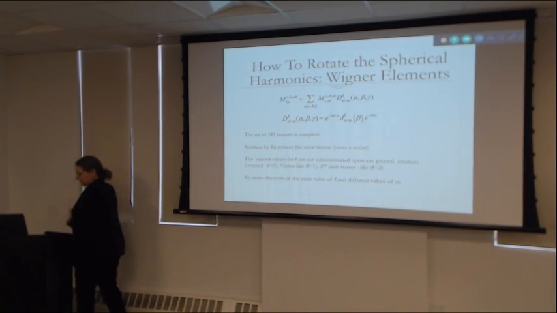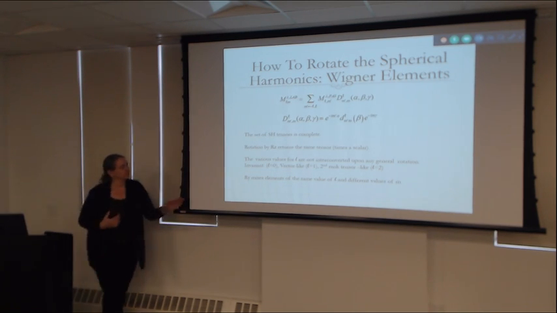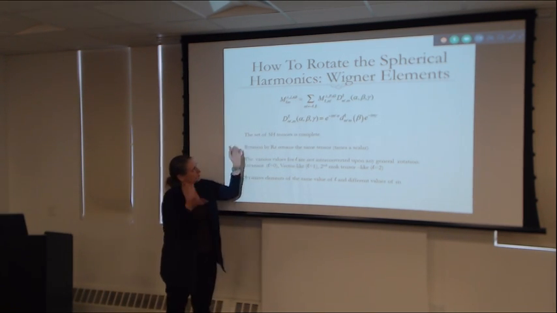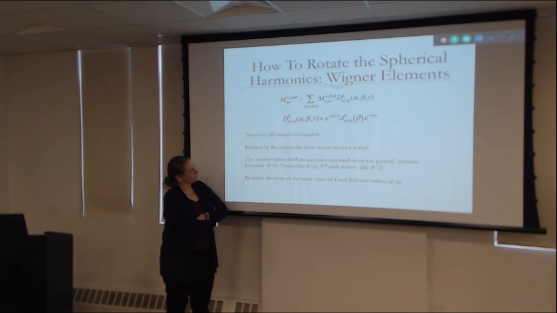So I begin with L equals 2, M equals 0, and this kind of equation tells you how much you'll end up with for all the other spherical tensor components when you're done. So the set of tensors is complete, so for sure it's someplace in there. Rotation by RZ just gives you back the same tensor, so that's easy. But when you rotate around Y, you mix values of M. Then I'll share the same value of L.